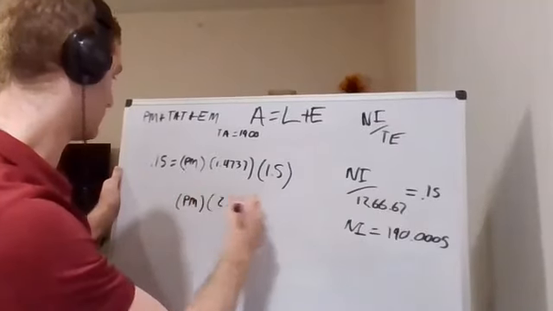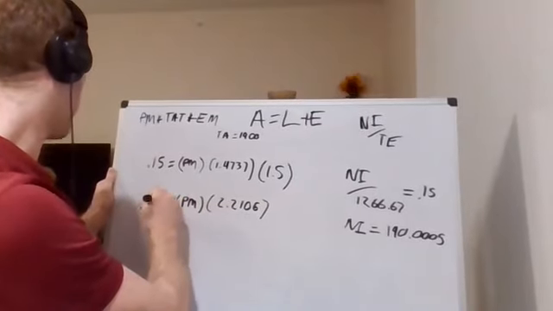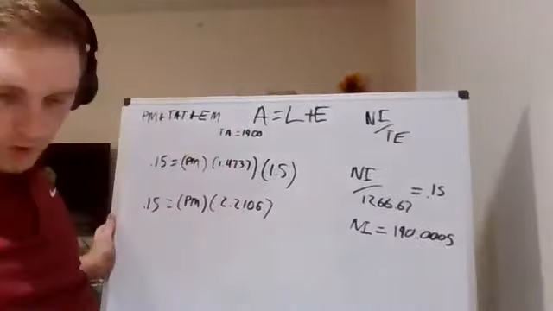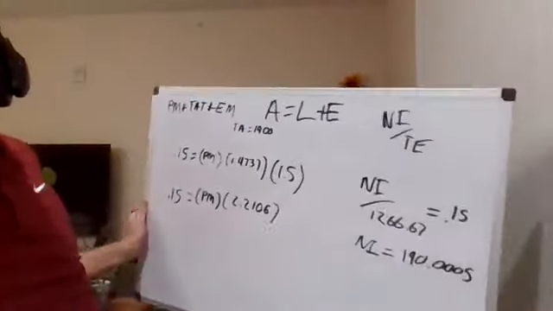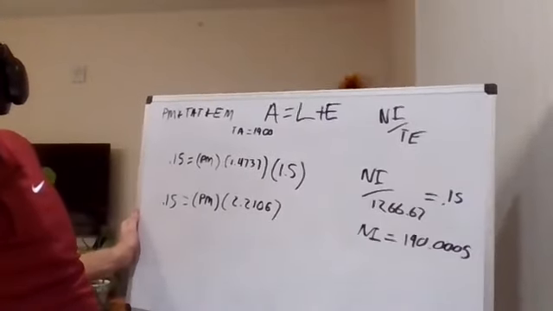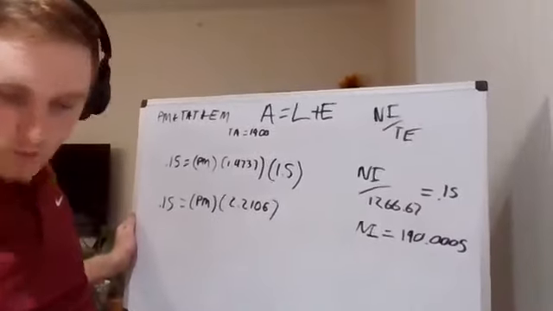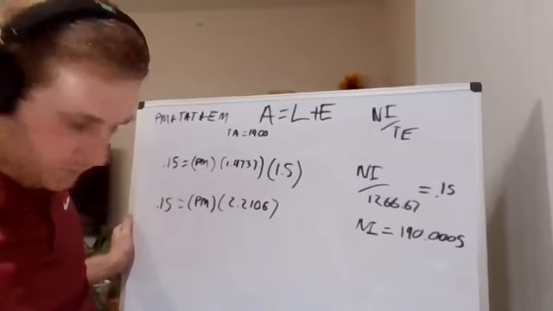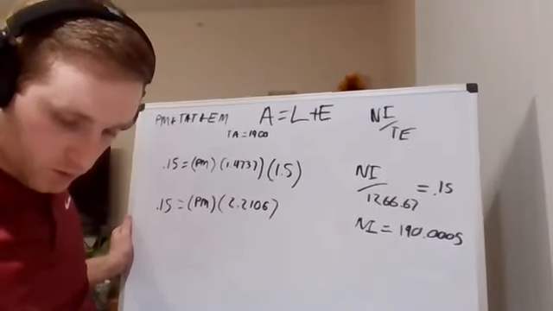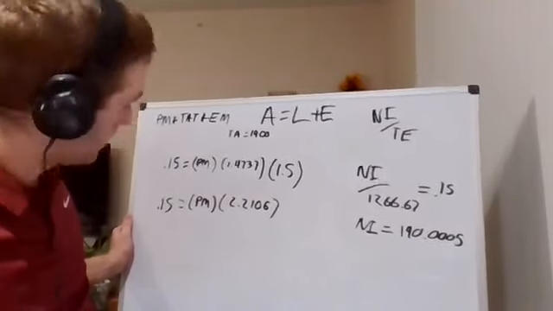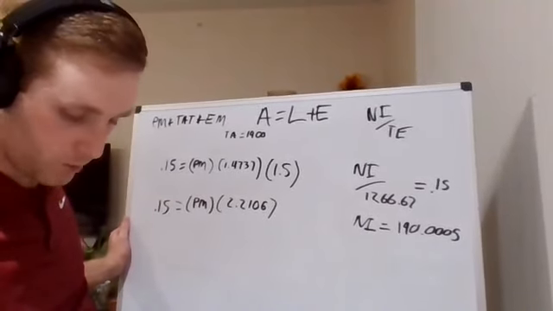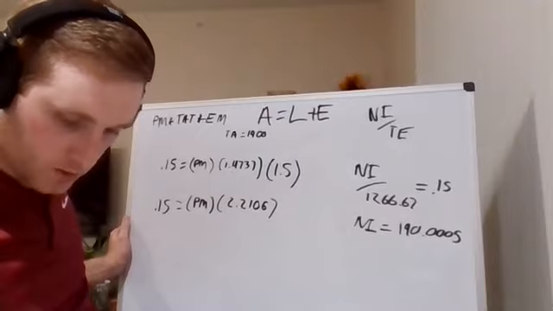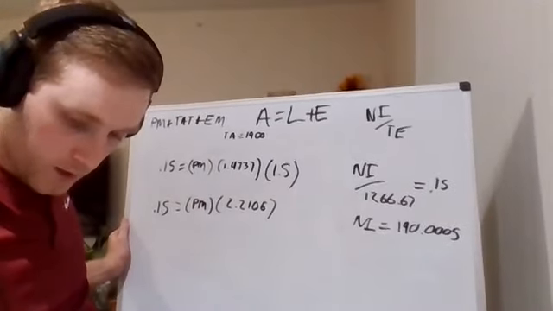PM, just to keep it simple for now, equals 0.15, right? There's an X in here I'm still trying to solve for. That X is net income. In order to do that, I have to divide both sides by this 2.210. I thought it was 0.06. In order to do that, I have to move that. So I multiply both sides by that, 2.2106 times 0.15.